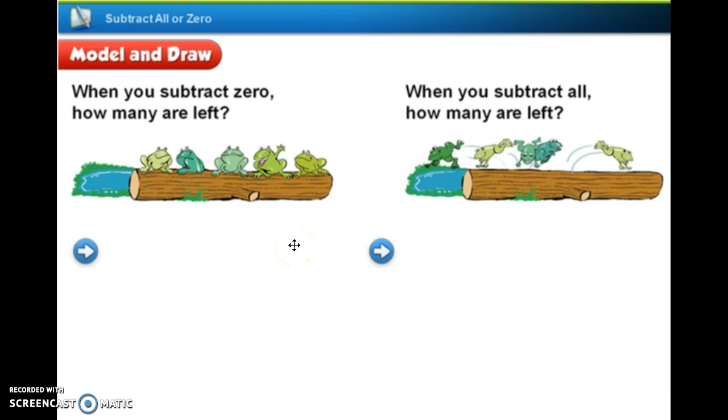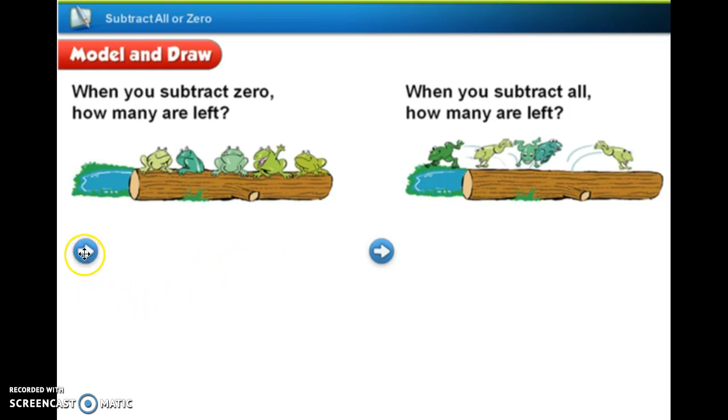Excellent. How many frogs jump off the log? Did you say none? That's right. No frogs jumped off the log, or 0 frogs jumped off the log.